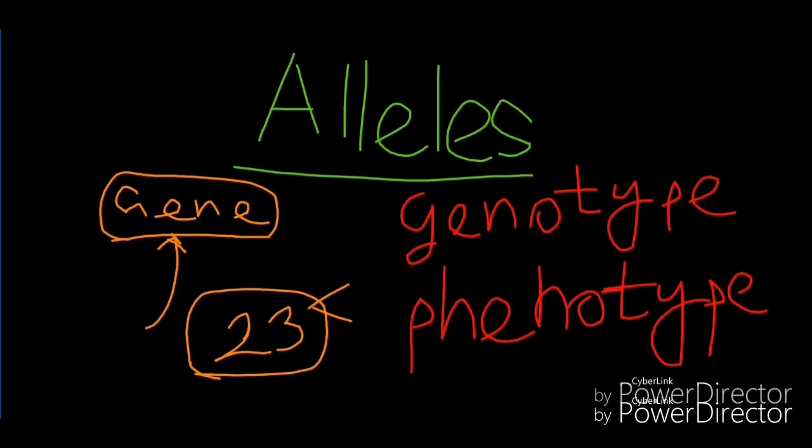How? All the genes passed onto an individual by their parents are the genotype. That means the characteristics are determined by genes, and the genes that have been passed onto an individual by their parents are simply the genotype.